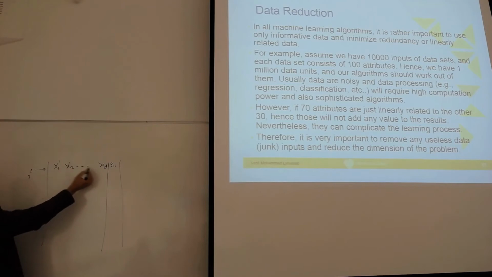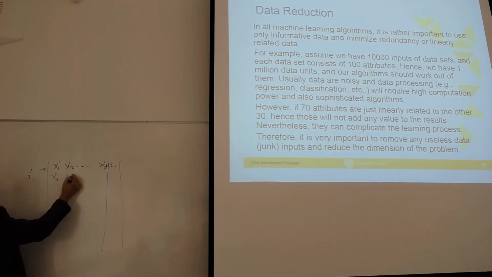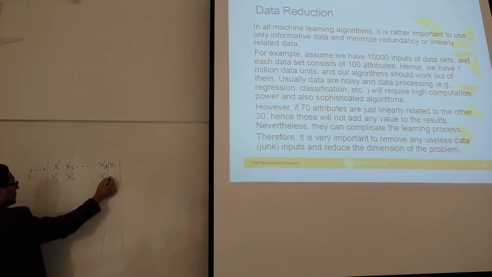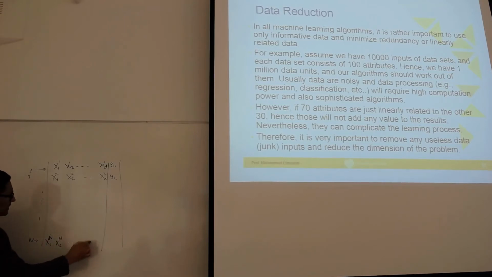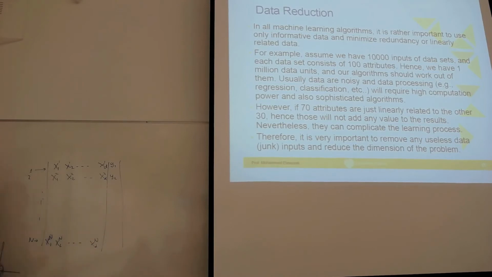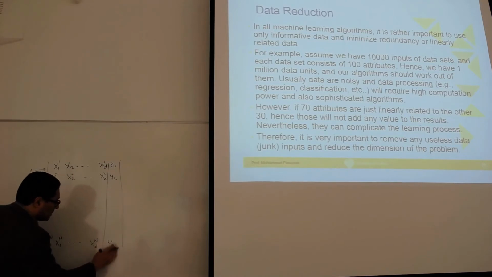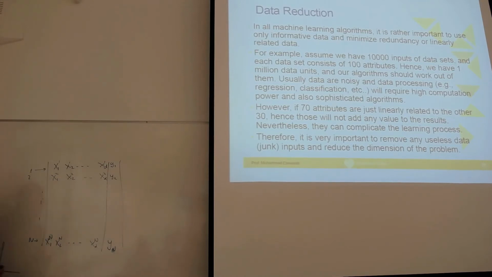This is 1, and this can be x1 but 2, so it is for the second sample, and this is its output. Then we might have up to n samples, up to xd n. So this is our data, and we have n samples.